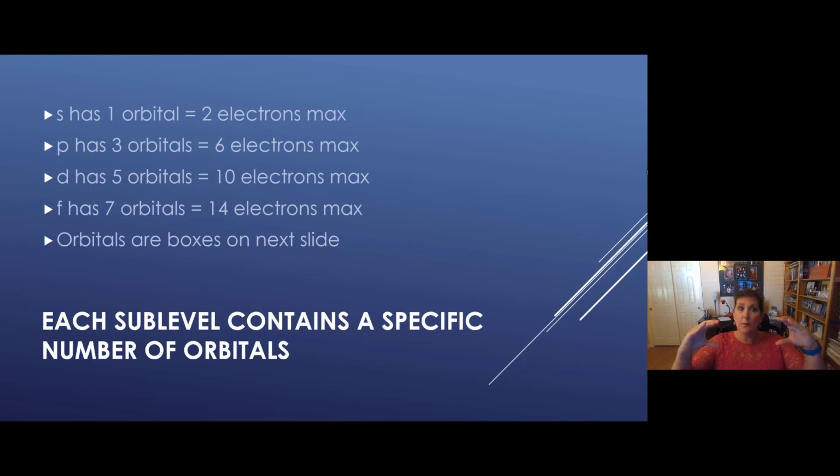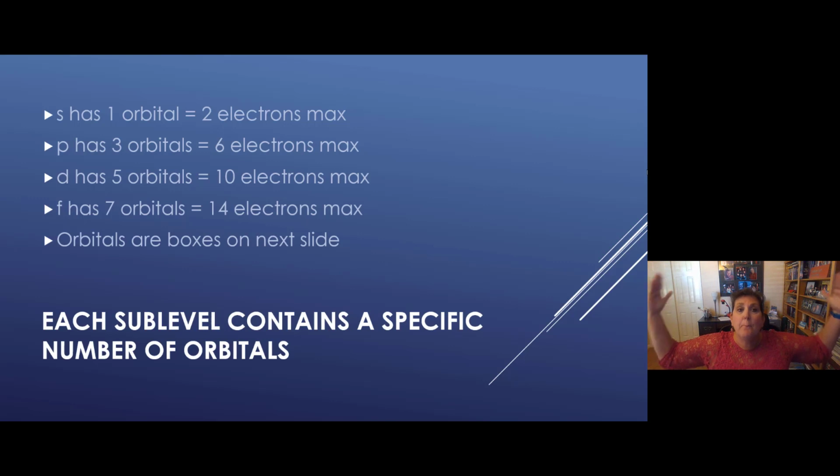The P is a little bigger. It has room for 3 orbitals. And remember, we can put 2 electrons per orbital. So with 3 orbitals, we can have 6 electrons max. Now the D is bigger still. It has room for 5 orbitals. 5 orbitals means we can have 10 electrons maximum.